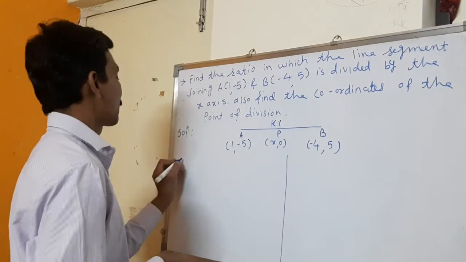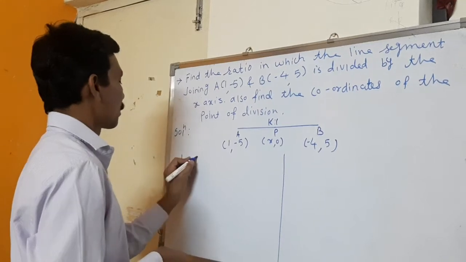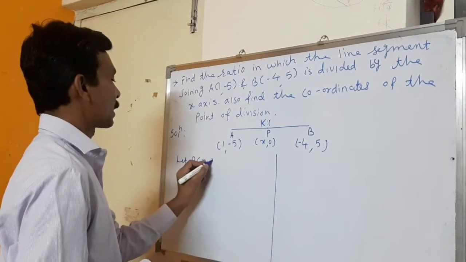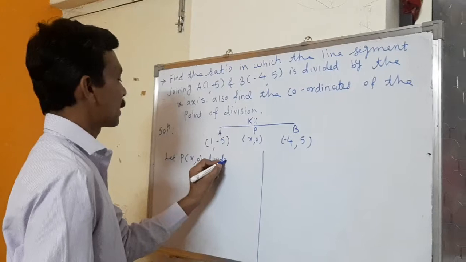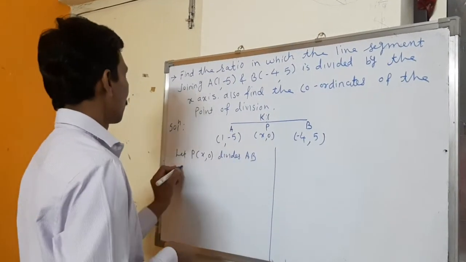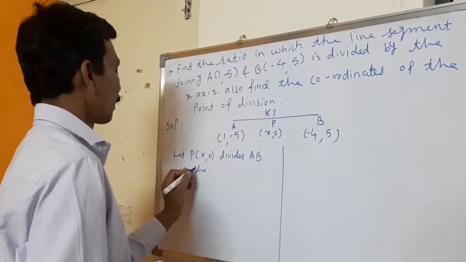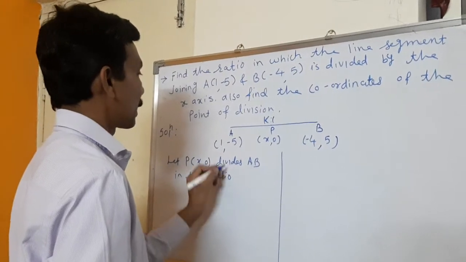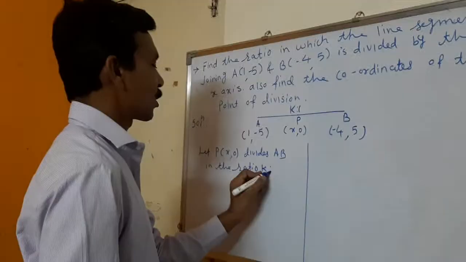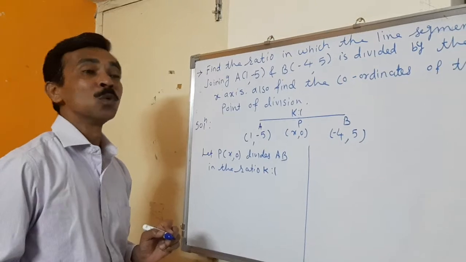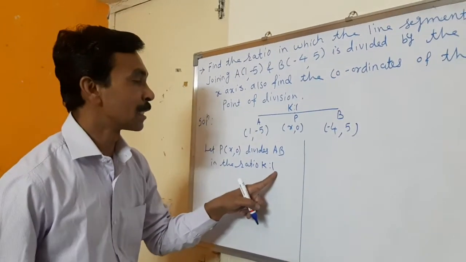But before that, see how it is written. Let P x comma 0 divide AB in the ratio. Because ratio is asked, we know very well ratio we have to take as k is to 1. This is m1 and this is m2.